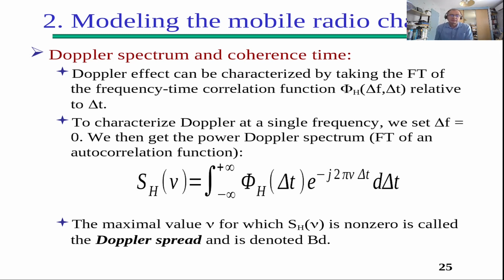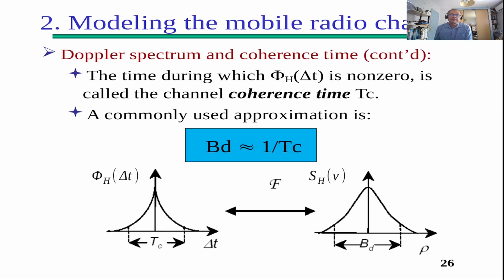It's given by this equation, and the maximum value nu for which this function S_H of nu is non-zero is called the Doppler spread, and is denoted BD. BD is the Doppler spread. It's a Doppler frequency, in fact.